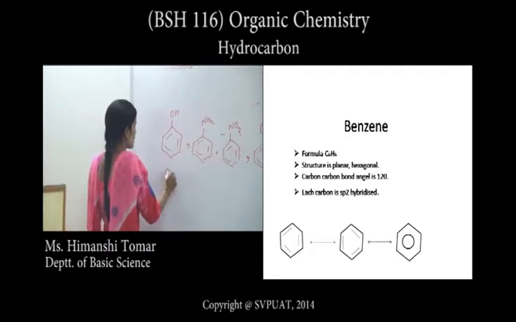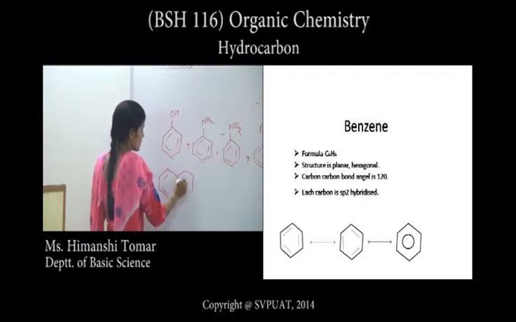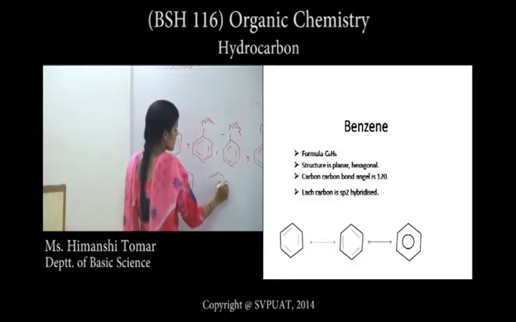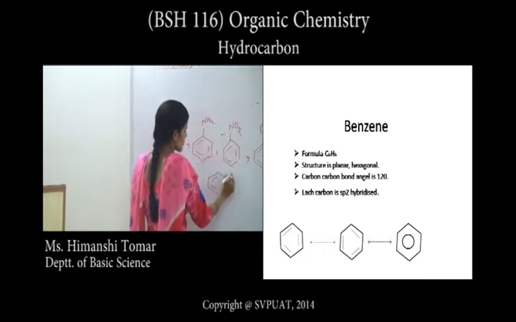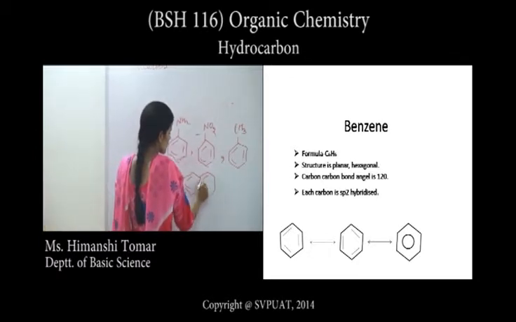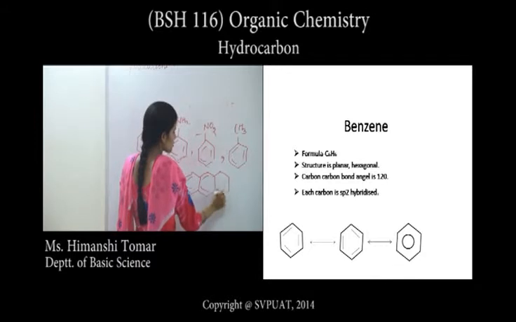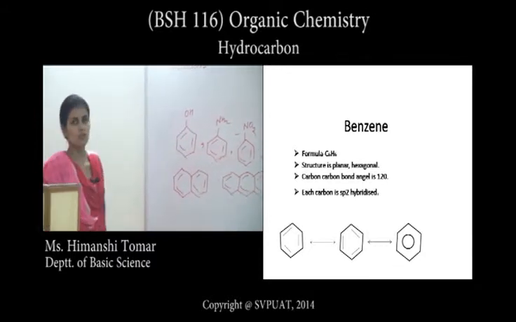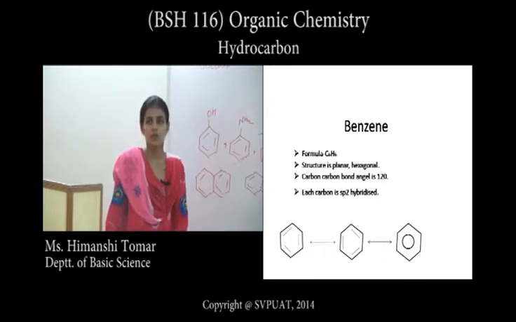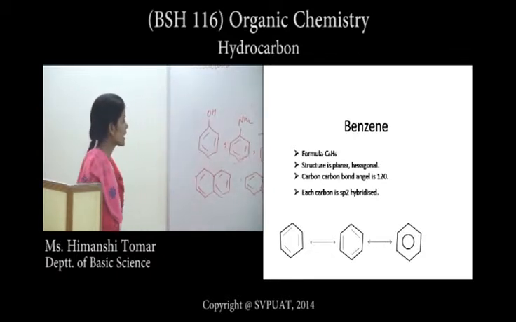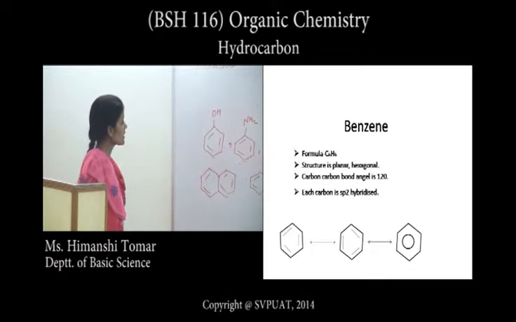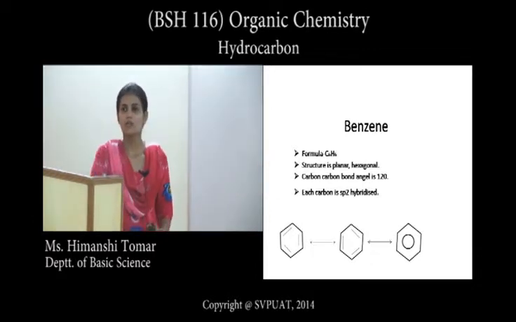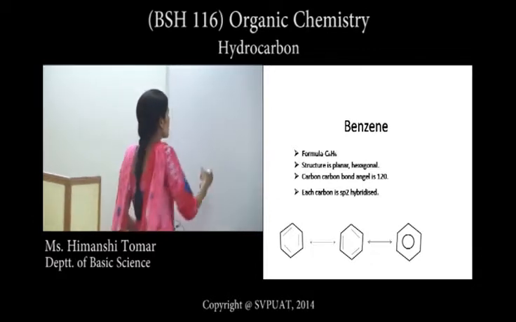In this series, naphthalene and anthracene are also aromatic hydrocarbons because they follow Huckel's rule and have a benzene ring. Benzene and its derivatives are aromatic because they have a pleasant smelling aroma.